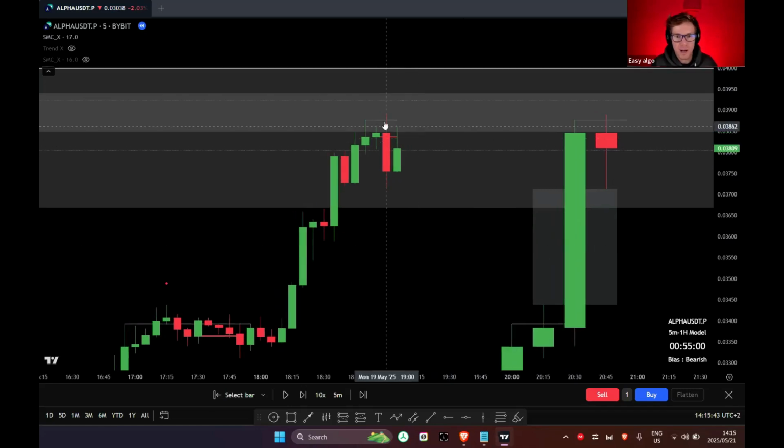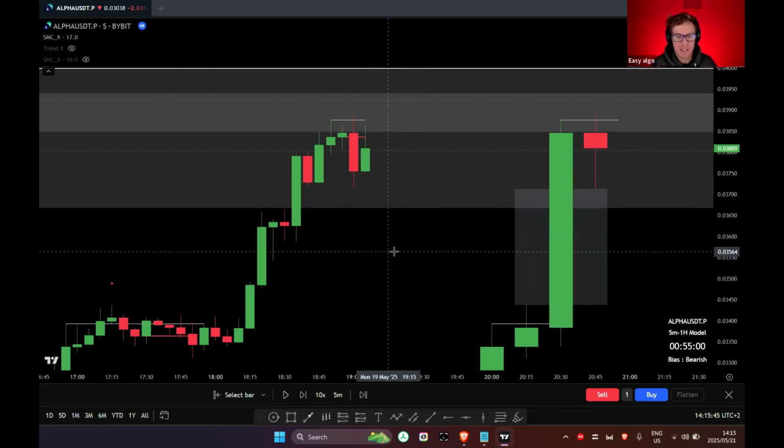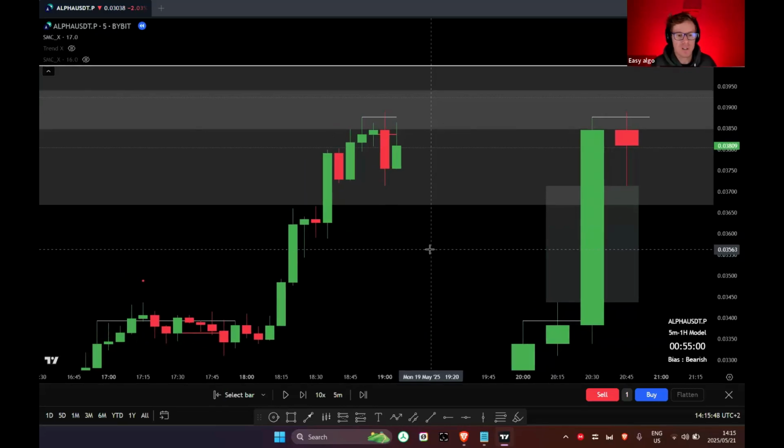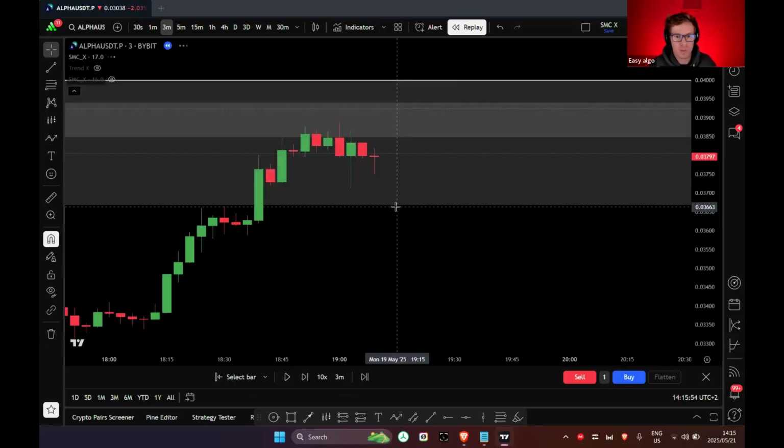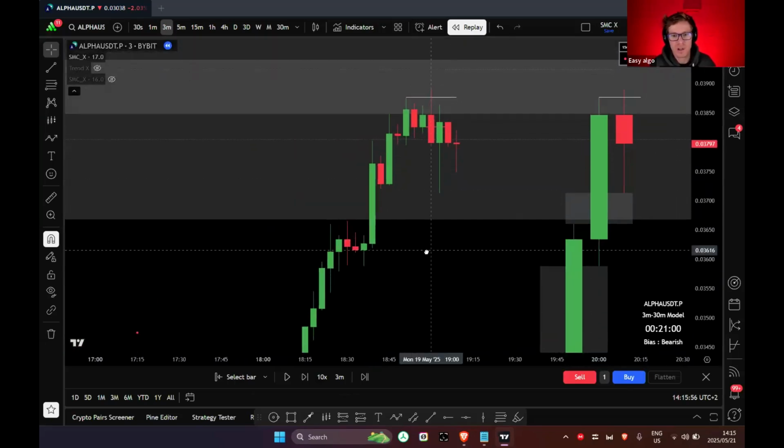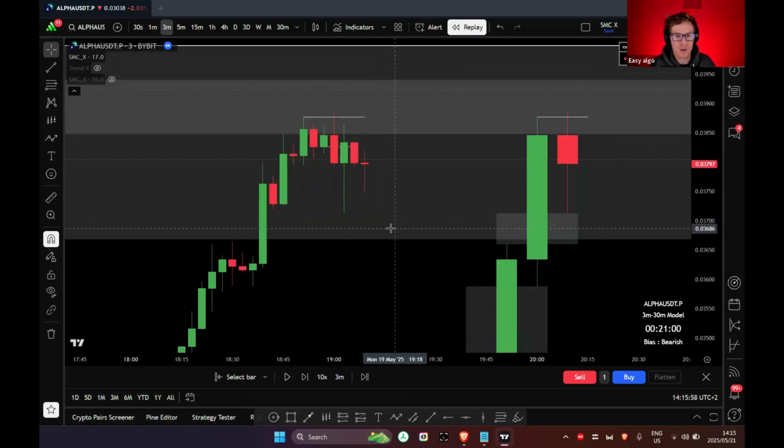So once price hit this level and retraced, this would have been a perfect place to look for a reversal. I could have also looked on a little bit of a lower time frame, which I would always do as well. Go into a lower time frame and get more confirmation over here, and you can see this sweep that was taken out. We had a few different areas that did sweep.